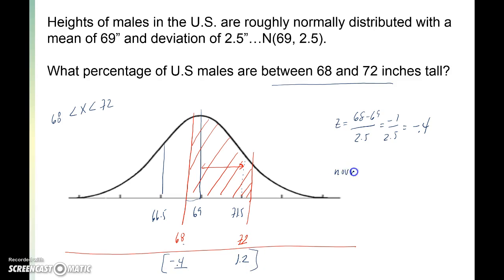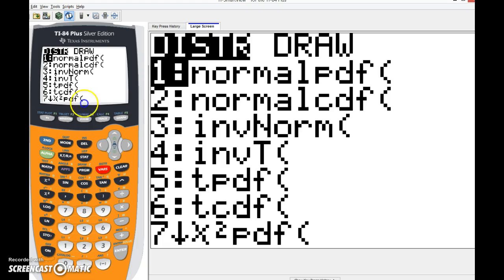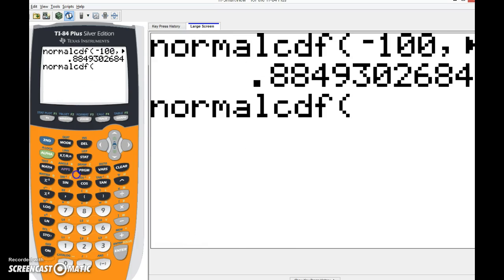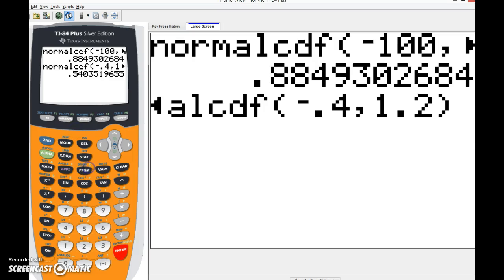Norm CDF, lower boundary, upper boundary. Let's go ahead and get that value. Okay, so second, distribution, option 2, negative 0.4, up to 1.2, close my parentheses, enter.